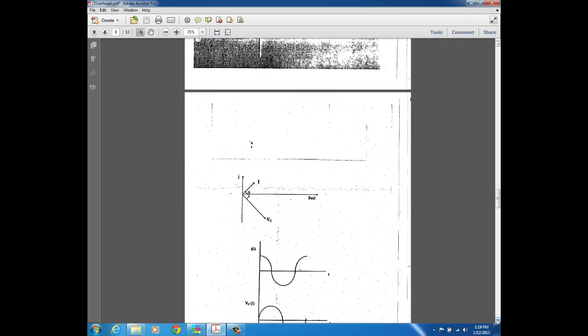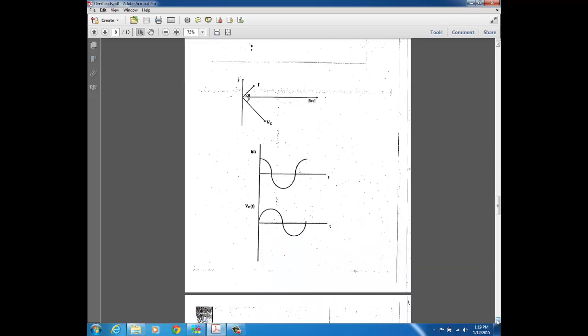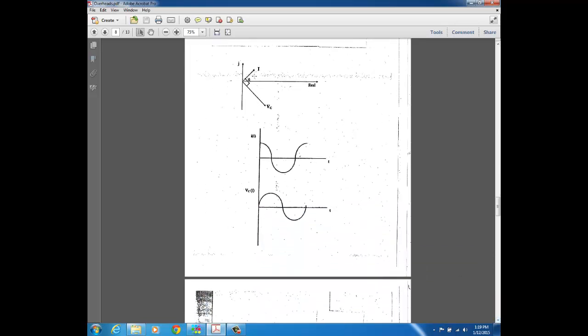Now for a capacitor, there's a 90-degree angle between its current and its voltage. So in the phasor diagram, you can see here's our 90-degree angle, and also these phasors are rotating in this plane counterclockwise, both at the same frequency. Okay, the current and the voltage are rotating counterclockwise, and they're rotating at the same rate, so this 90-degree angle is maintained as the phasors rotate.